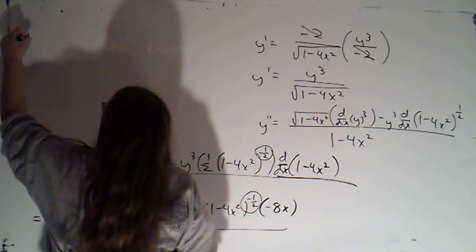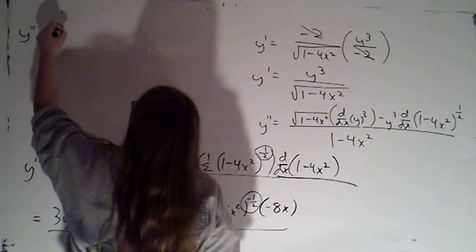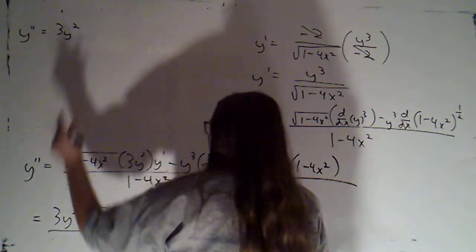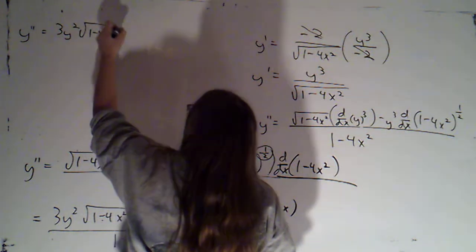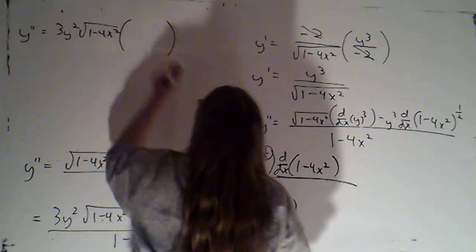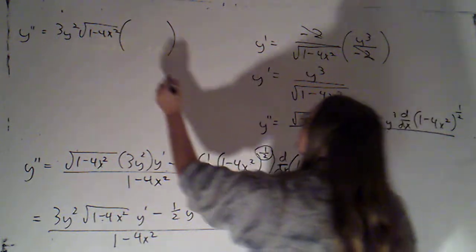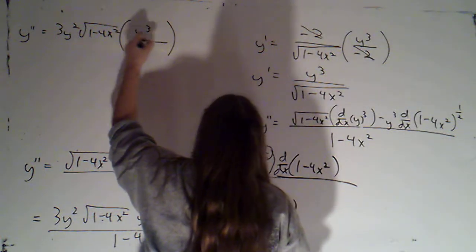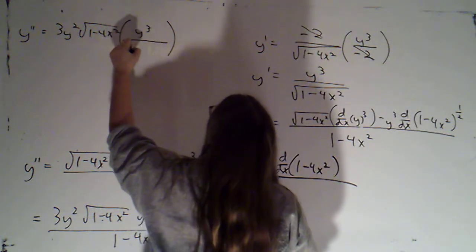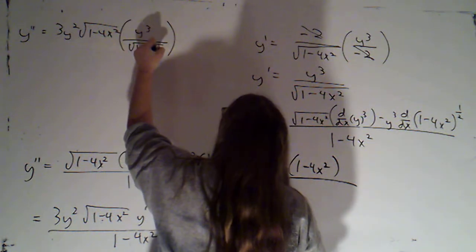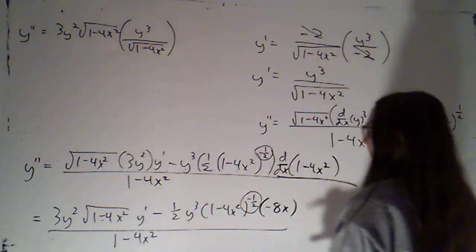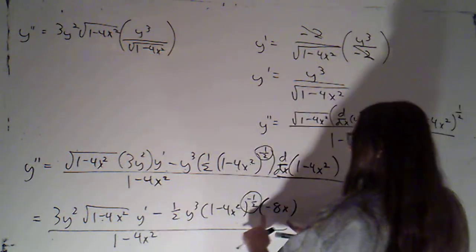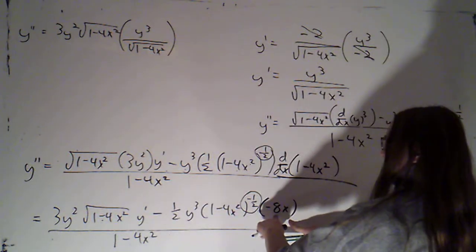So, right now we've got y double prime is 3y squared root 1 minus 4x squared times y prime, which is y cubed over root 1 minus 4x squared. Okay. For this next term, I'm going to combine the negative 1/2 and the negative 8.